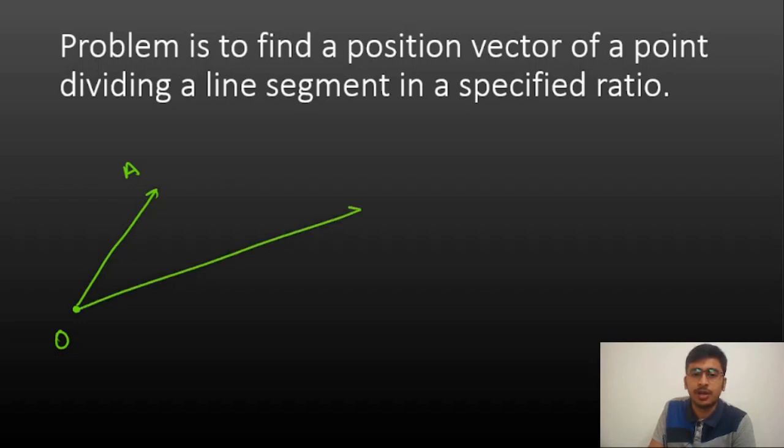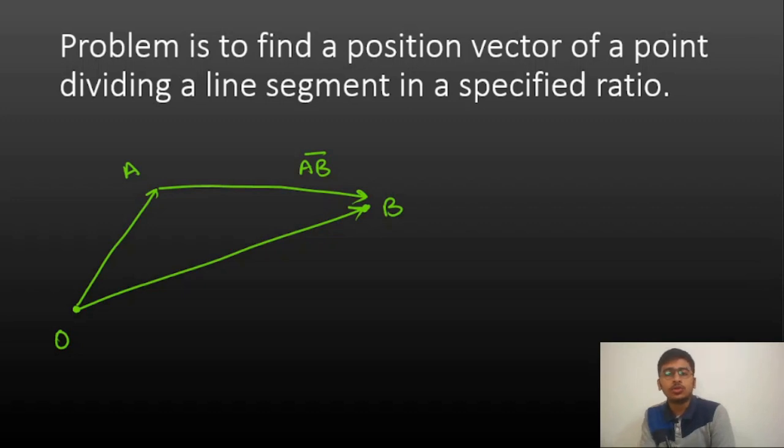Let's say we have another point B over here. And then we have got this vector which is AB vector. Okay. So this AB vector, let's say, has a point between them. Let's call this point P point.